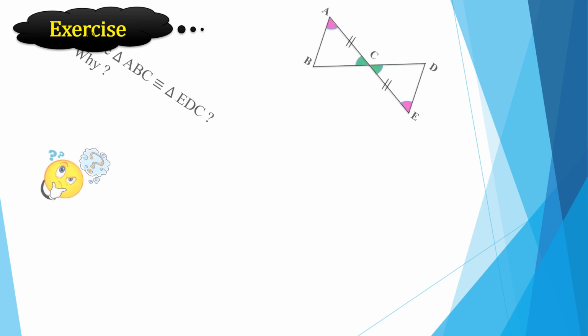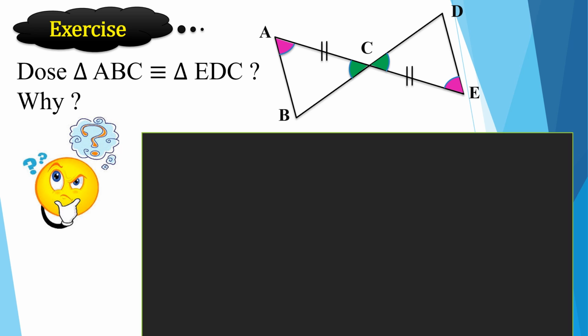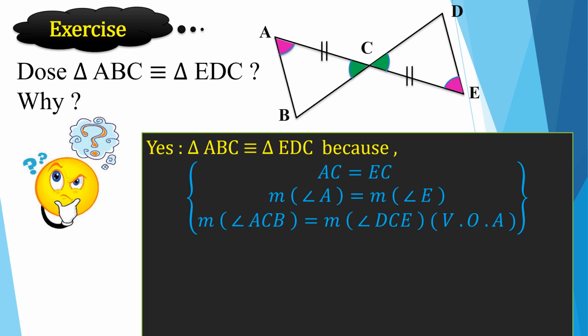Exercise. Is triangle ABC congruent with the triangle EDC and why? Yes, the two triangles ABC and EDC are congruent because AC equal to EC, measure of angle A equal measure of angle E, measure of angle ACB equal to the measure of angle DCE as vertically opposite angles, and we can deduce the 3 elements.